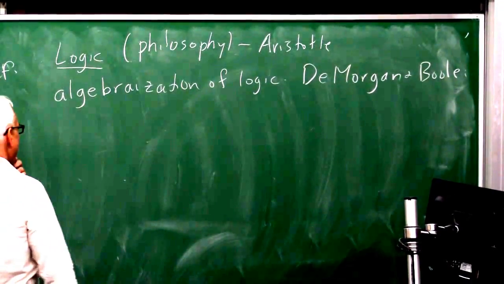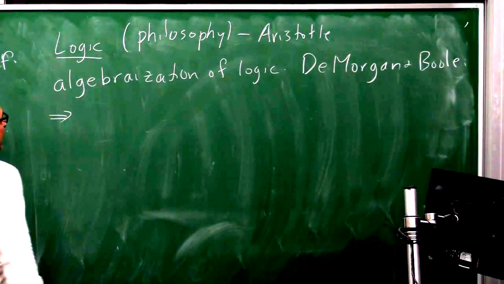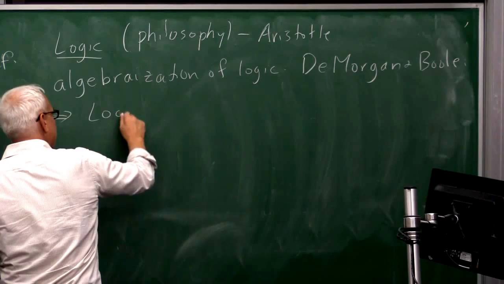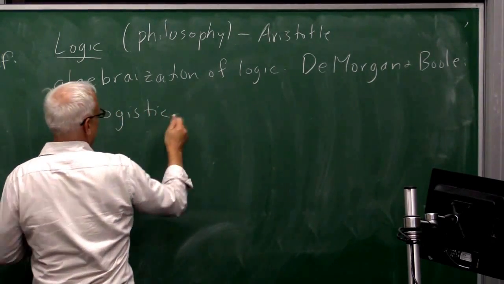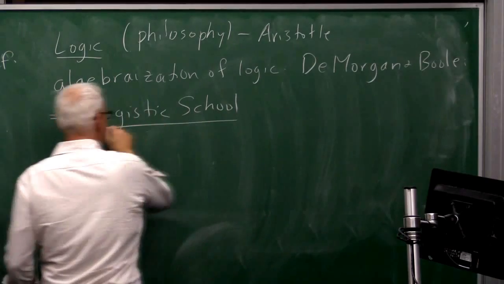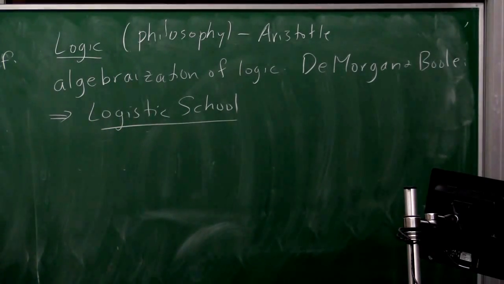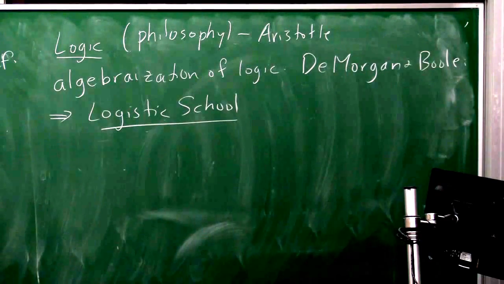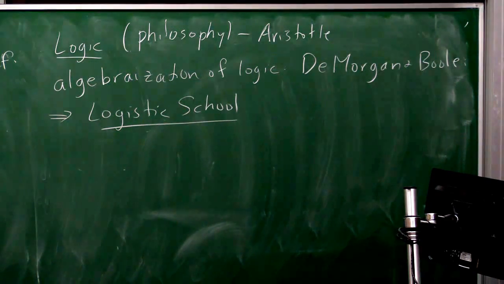And then this was taken and extended into a certain school of thought, the logistic school. This was one of several schools of thought that developed as a way of trying to lay foundations to move forward on the problems of fixing set theory.